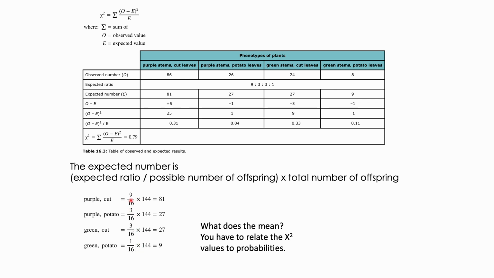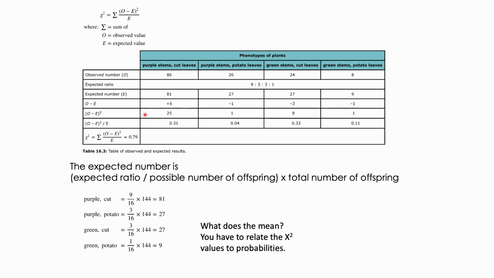That's going to give you the little percent for each one of these phenotypes. And then you would take that and multiply it by 144 because there's 144 offspring in this example. That's where we're getting our expected number. And you'll notice those are the numbers that are in the chart.